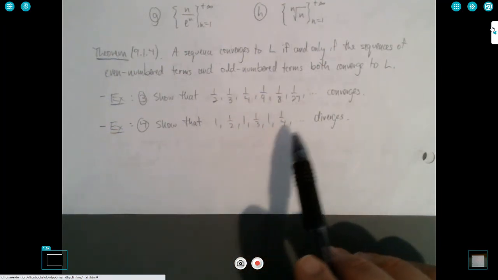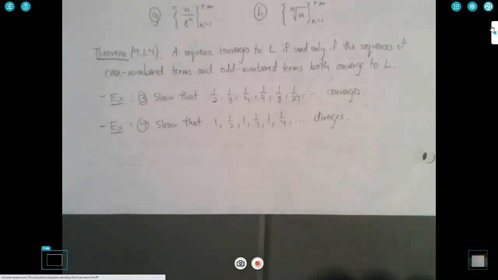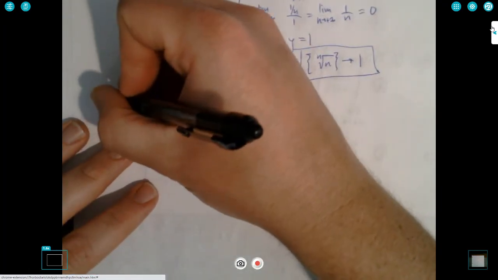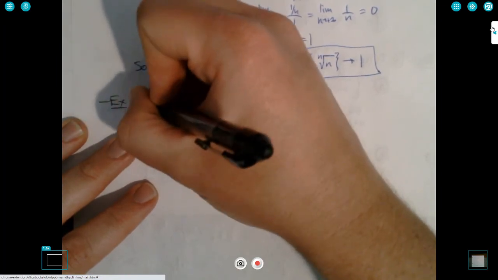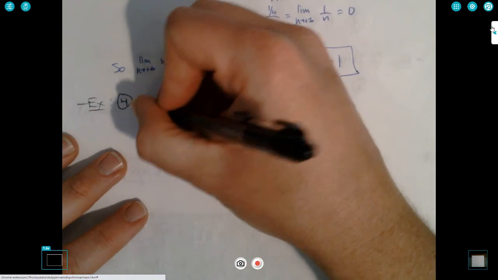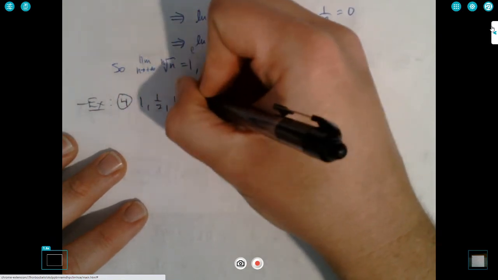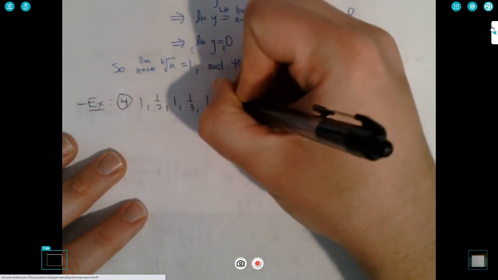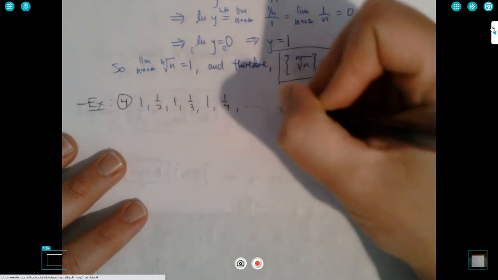That part converges, but it converges to 1. That's actually kind of interesting to say. So this is for example 4. We've got 1, 1/2, 1, 1/3, 1, 1/4, etc.